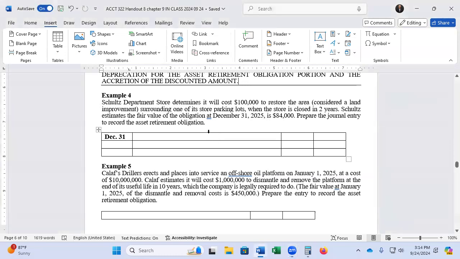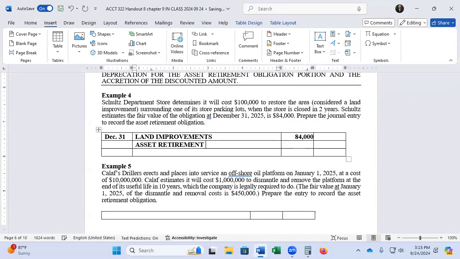And so this would be land improvements, 84,000, and asset retirement obligation for land improvements, 84,000.